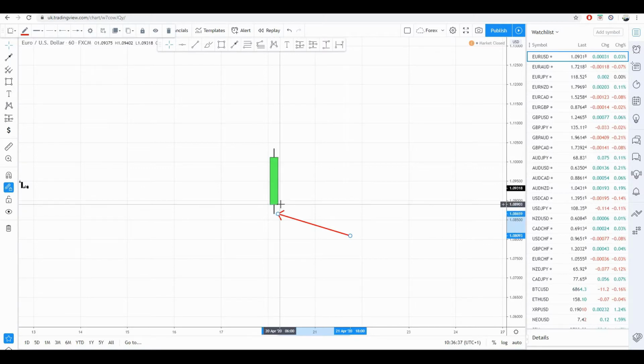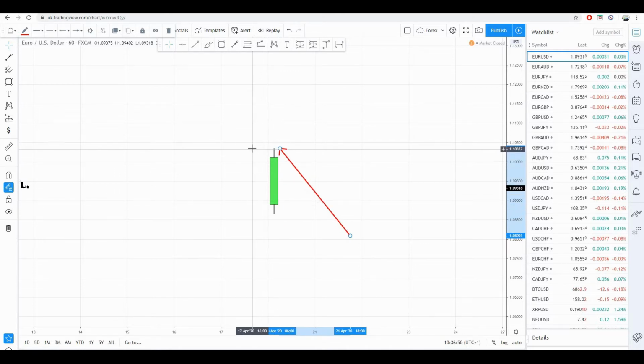1.08659. So price has opened here, 903. At some point throughout the day it's moved down to here, 659. It's then moved higher to 1.10349, and then it's finally closed.